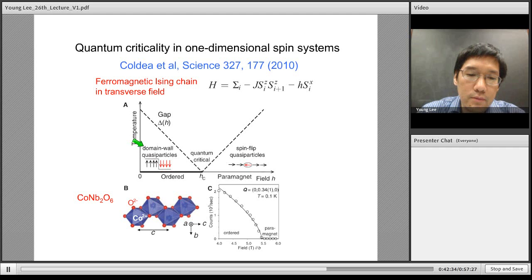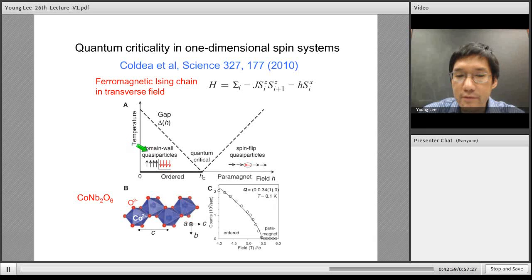Well, to create an excitation, you can flip all of the spins from one side of some domain wall compared to the other side. So there's no further energy cost for having all of these red spins down. It's just the energy cost at this domain wall between the red spins and the black spins.